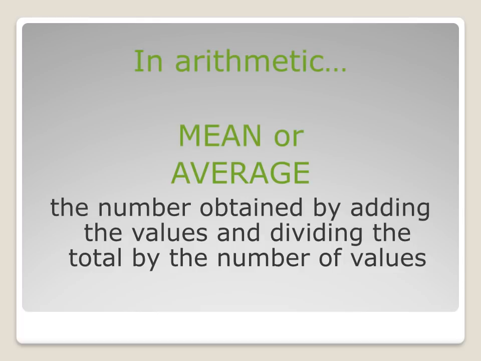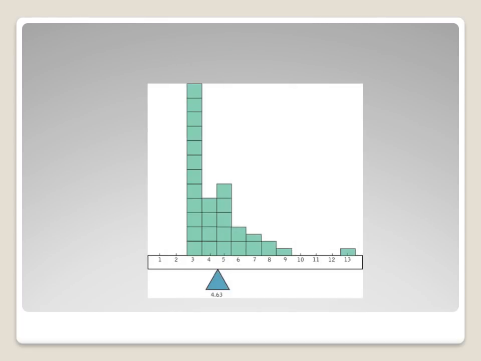So for statistics, particularly for this class, your symbolic notation and your formulas are very important. Visually, we can think of the mean as the point that perfectly balances 2 sides of a distribution.